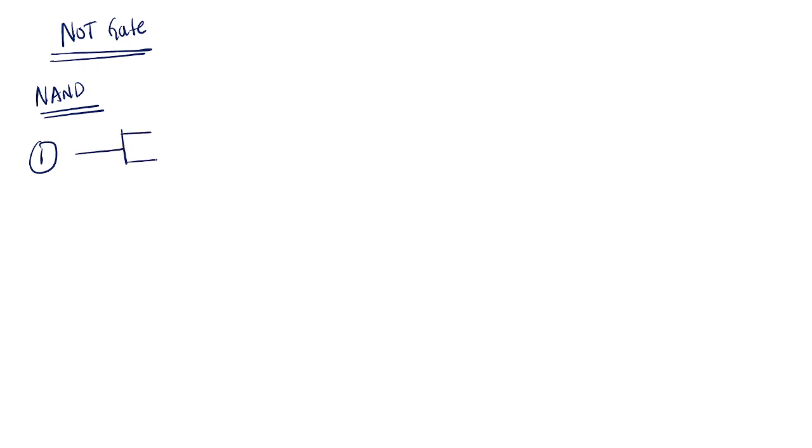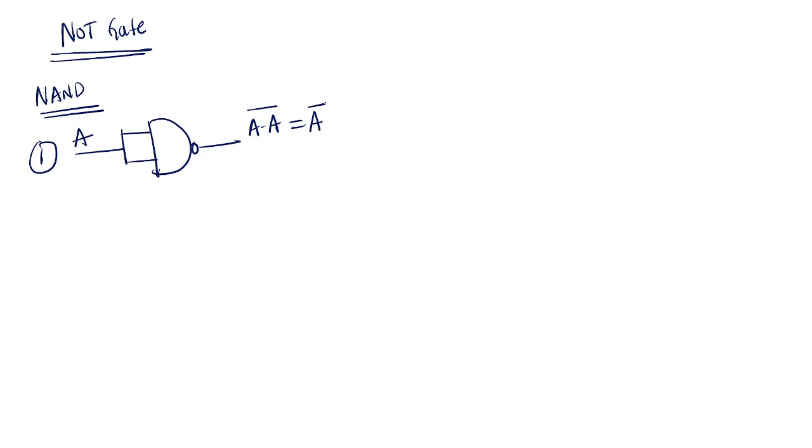Next, coming to the NOT gate. How to implement the NOT gate by using a NAND gate? There are two representations. One representation is where the inputs are tied together and given to one NAND gate. So this is A and A whole bar, which equals A bar.